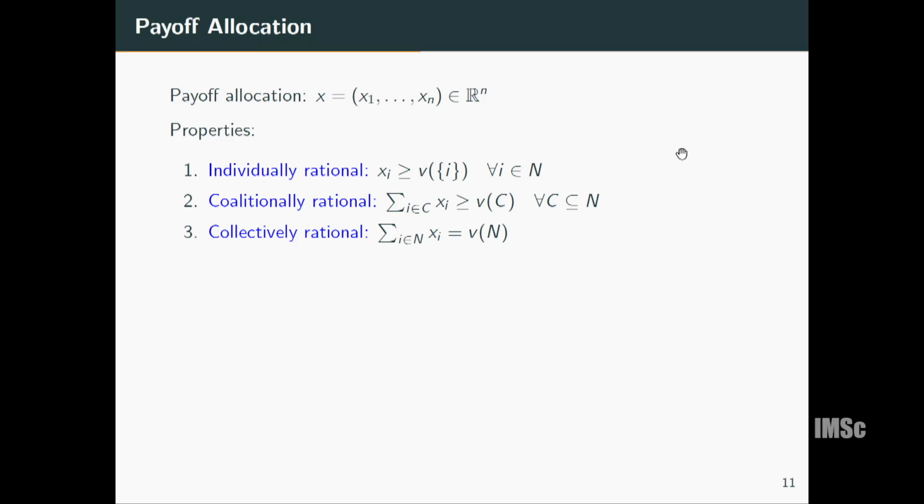Can you again repeat the second one? Coalitional rationality means if I am in a coalition, then the total worth that we are getting individually should be at least as much as the worth of this coalition.